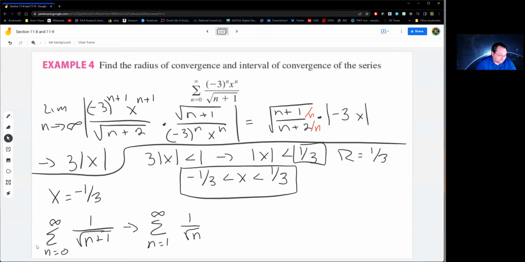This one right here is now a p-series with p equaling 1/2, which is less than 1. So that diverges.